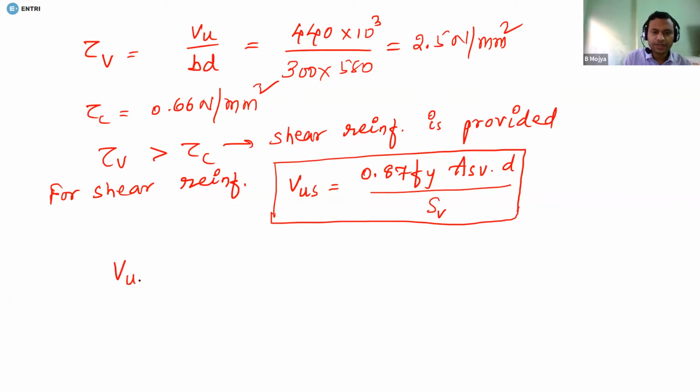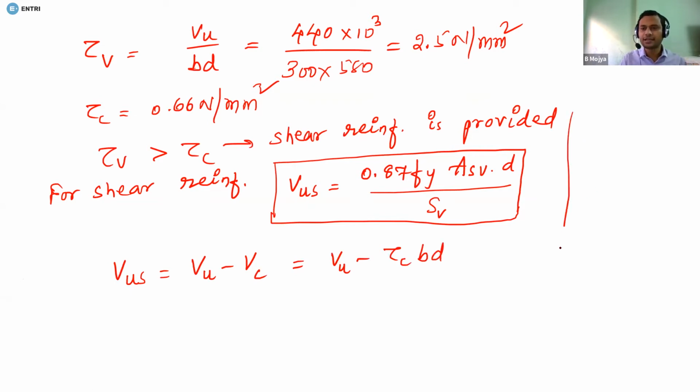So the relation for VUS is VU minus VC. And again, this VC can be written in terms of tau c, so it can be written as VU minus tau c into BD. I'll just write the relation.